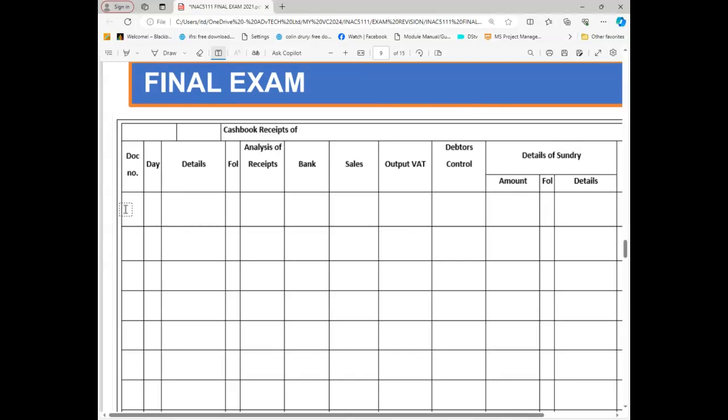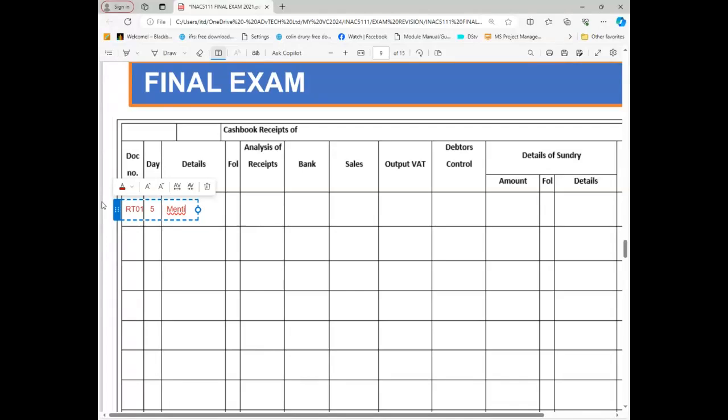So here I'm gonna have RT101, and the date is the 5th. Remember the name of the business was Minty. And then the amount was 40,000.